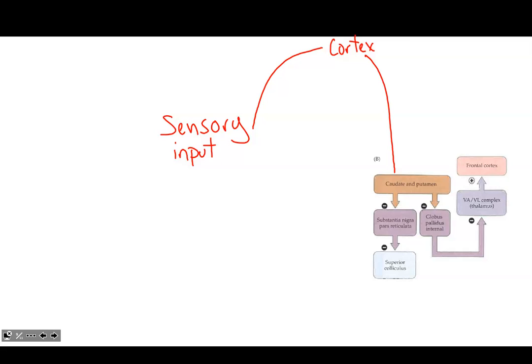This is excitatory input, and so it causes the caudate and putamen to increase their output, but their output is inhibitory. If we focus on the globus pallidus, particularly the internal globus pallidus, the GPi, this inhibition shuts off the tonic inhibition which the GPi puts out normally. So this inhibition here is tonic.